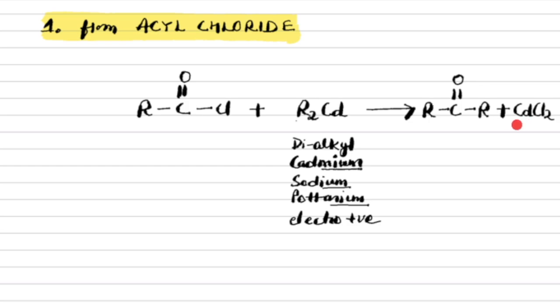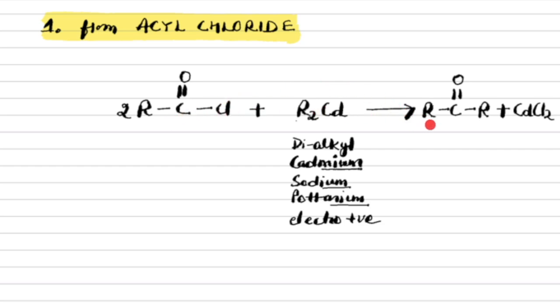Now to simplify something here, first thing is to balance the equation. See that there are two chlorines here, and here I have only one chlorine. Only one molecule will have one chlorine of acyl chloride. So I will just multiply it by 2 so that it balances. What else can I do? There is one confusion here. See this carbon. This R has come from dialkyl cadmium. What about this R? This was already there, right?